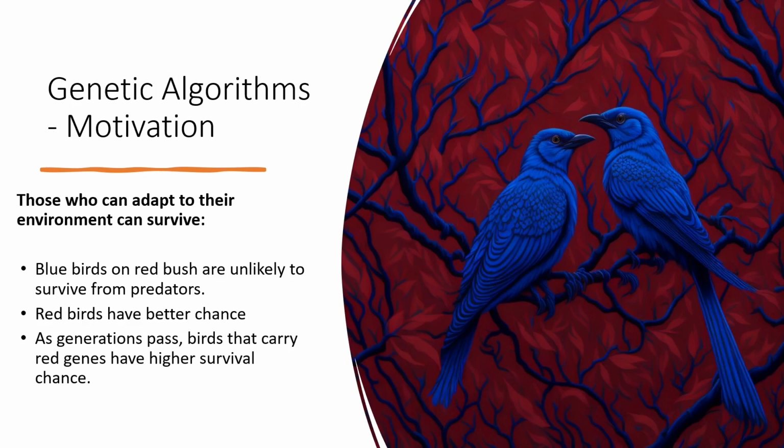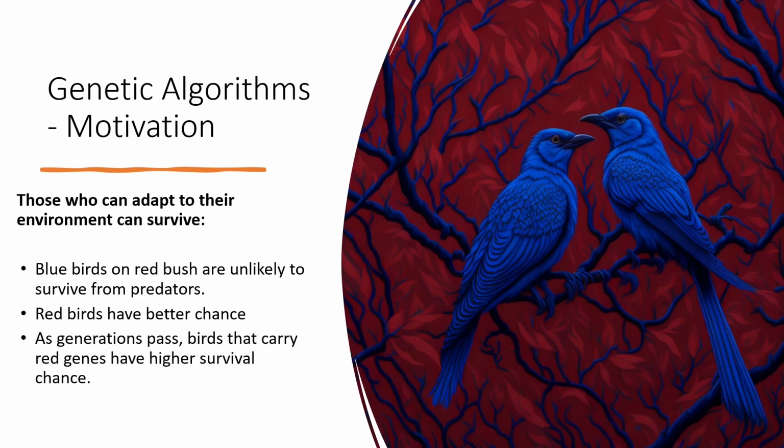So, what does it mean to adapt, basically? Now, we have two blue birds here, and they are living in a forest where most of the bush is red in color. It is basically difficult or unlikely for these blue birds to survive from predators because the bush is red, the bird is blue, and the predator can basically see these blue birds.